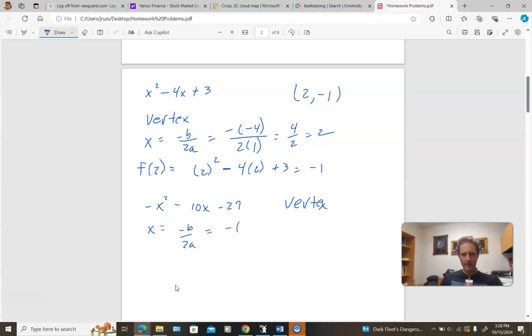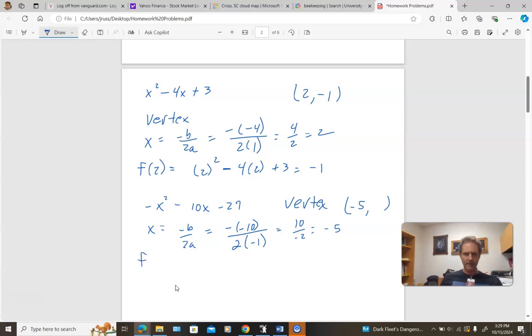So -10 over 2 times a. A is a -1, okay? So get a +10 on top, a -2 on bottom, and that is -5. So that's my x-coordinate.